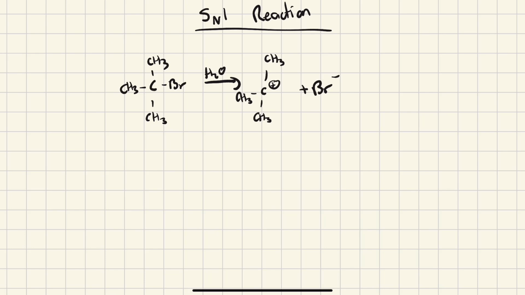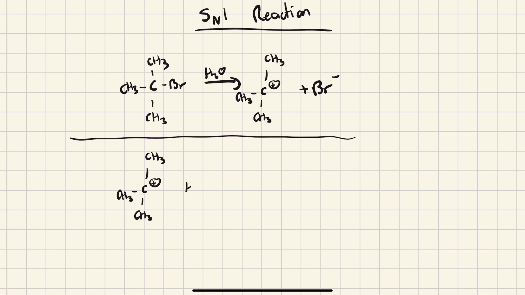Our next step is going to be the combination with our nucleophile. So we have our carbocation down here, and then if we draw our water molecule, one of its lone pairs is going to attack. And once it attacks, it's going to just attach to it. So then we end up with this final product.